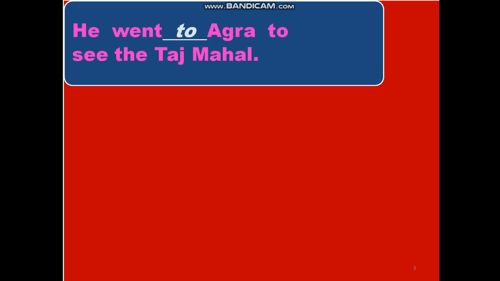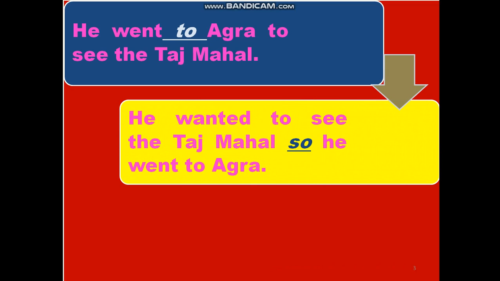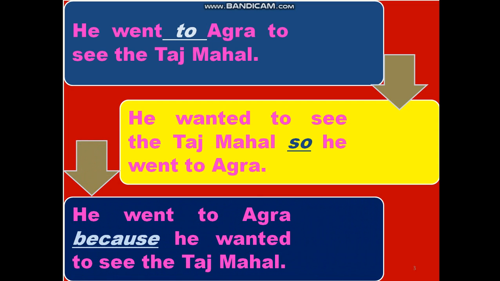There is another method. Let us take a look at that. He wanted to see the Taj Mahal, so he went to Agra. We kept both sentences and we have used a conjunction so to combine these sentences. Now there is another method, and that is he went to Agra because he wanted to see the Taj Mahal.